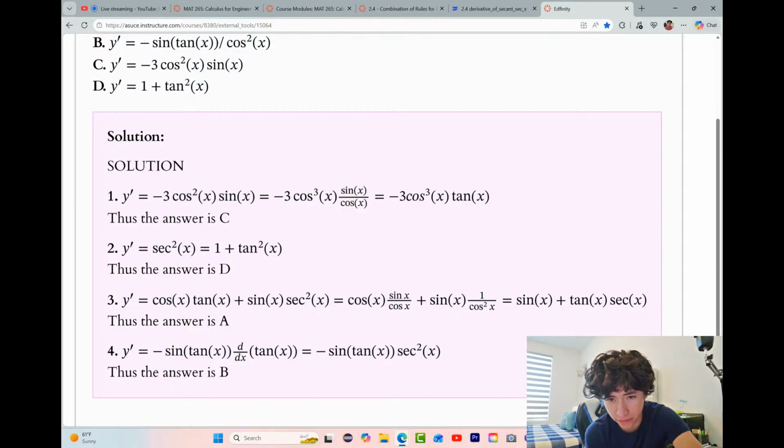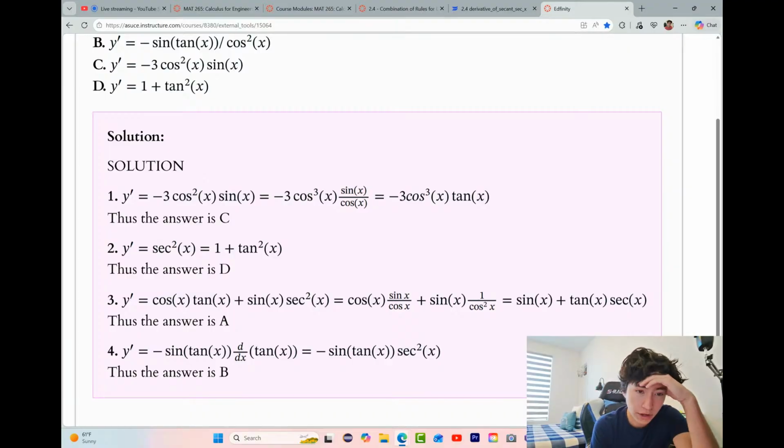Okay, we have sine of x plus 1 over cosine squared of x. That's secant squared of x. Oh, no, no, no. I see what he did. Sine of x over cosine squared of x is tangent of x times 1 over cosine of x, and 1 over cosine of x is secant of x. So we get tangent of x times secant of x.